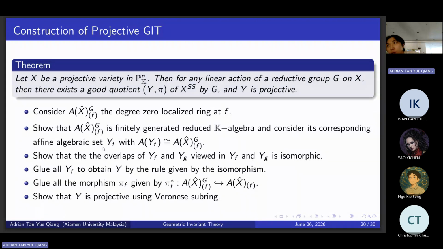So there's a main problem in trying to glue up a bunch of affine open sets to form a projective variety. You cannot just take any, because their intersection sometimes might not be affine again. If it's not affine again, we don't know how to construct the categorical quotient locally, because we only know how to do it in the affine case.